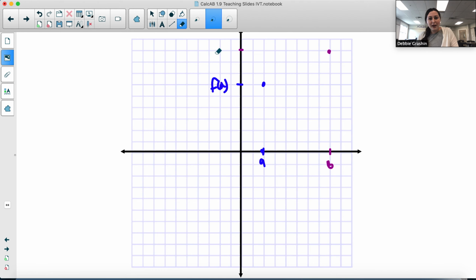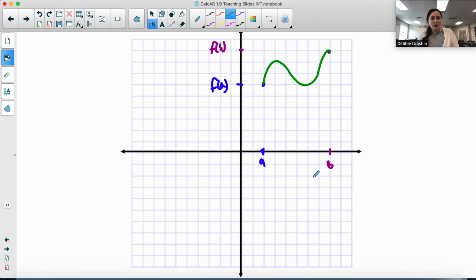If you have a continuous function between these two points, no matter how you draw it, it could be a straight line, it could be a curve, no matter what you do, somewhere between a and b, at some number c, you have to pass every single y value between f of a and f of b.